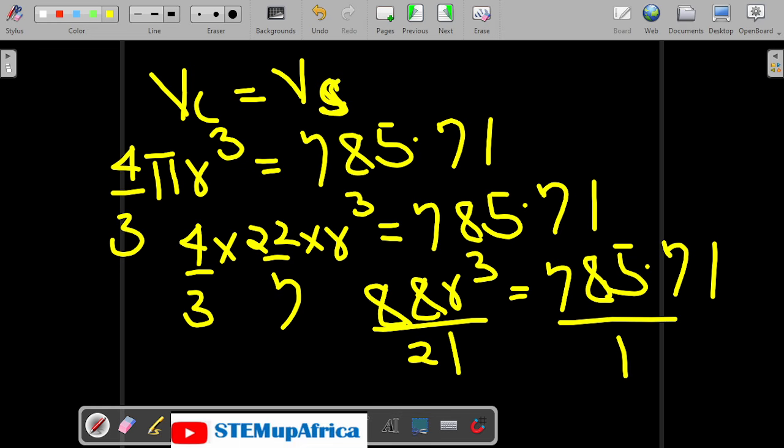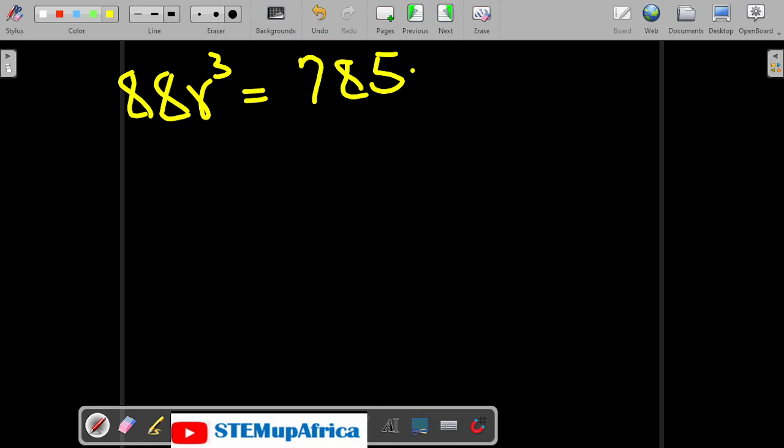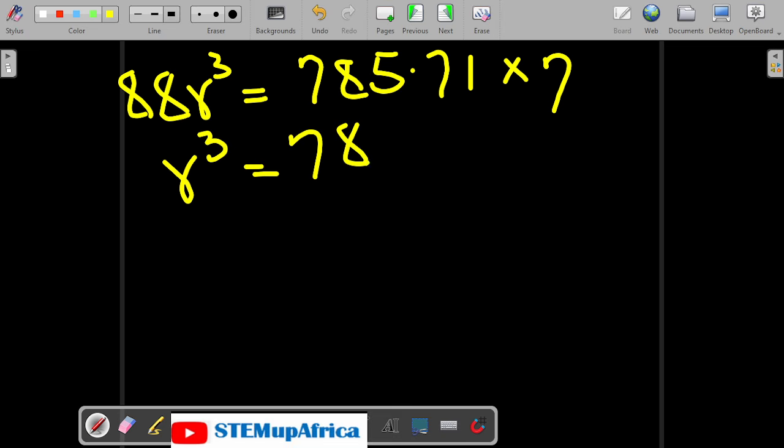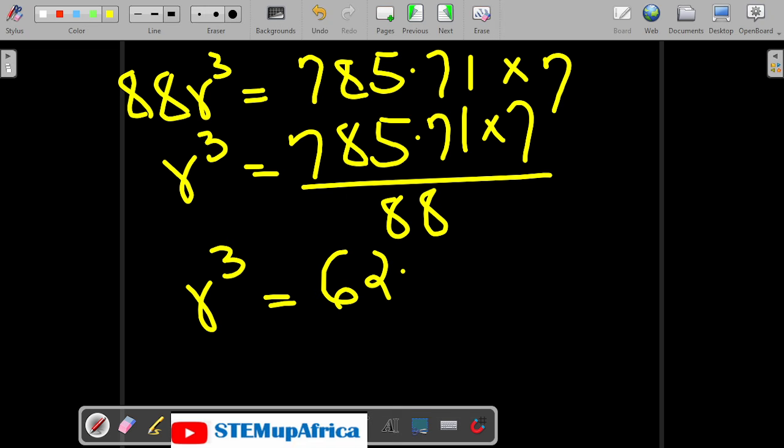So from here I can make the radius cubed the subject of the formula by cross multiplying. I'm going to have 88 r cubed is equal to 785.71 times 7. So my r cubed will be 785.71 times 7 divided by 88. Then multiply and divide. I'm going to have 62.5.